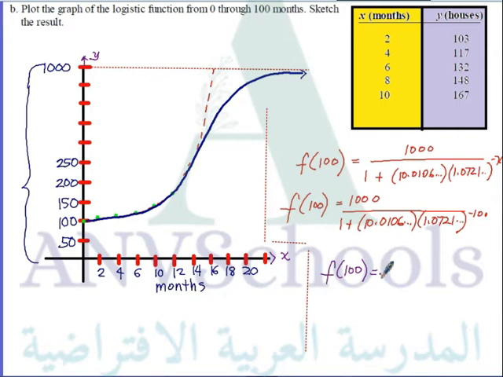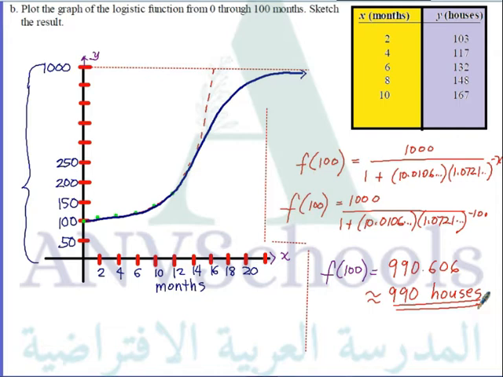And as you can see, it yields 990.606, or around 990 houses. Okay, so there are around 990 houses, 10 houses before the ceiling, which is 1000, before the asymptote of 1000.